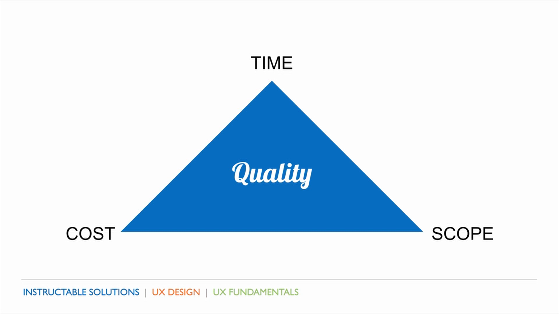And in the middle, we try to balance quality alongside defining scope, understanding cost, and following a timeline. More about that in another course. But make sure you consider this while you're defining scope.